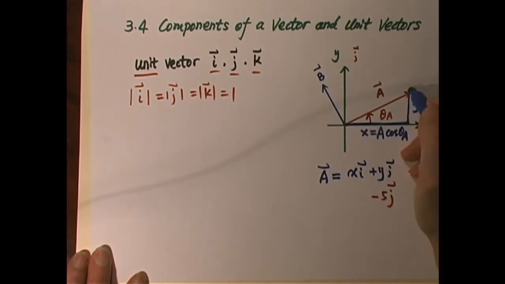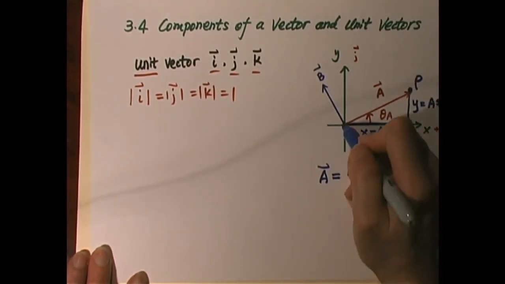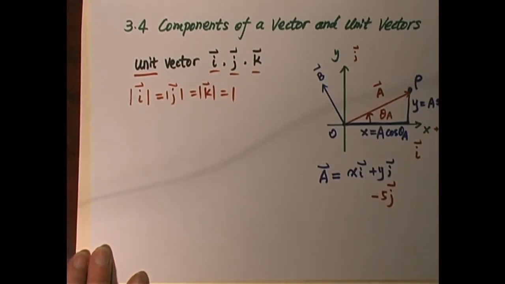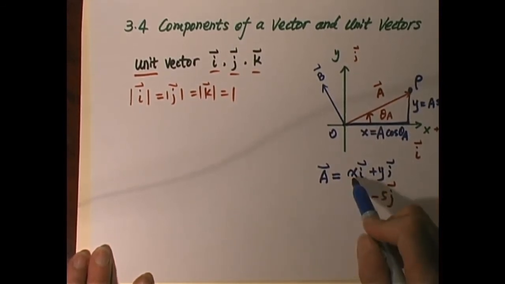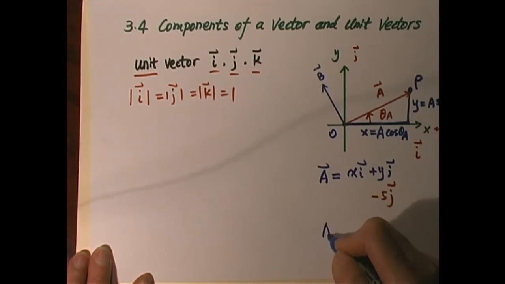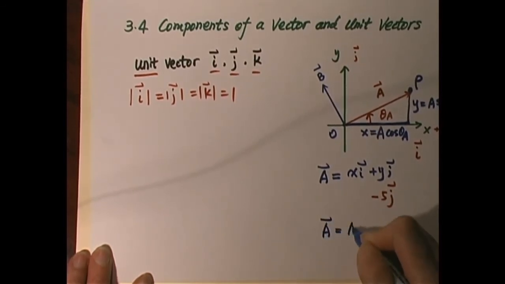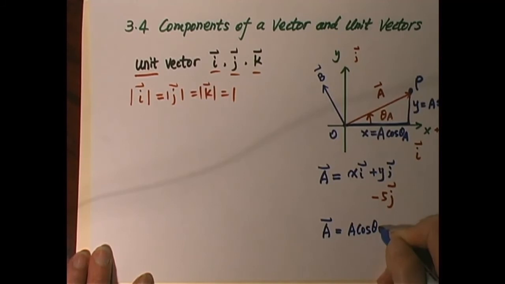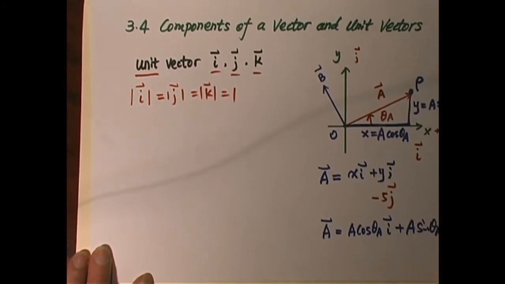So if you know this point P's coordinates, this is the OP vector, or vector a. It is the x position times i plus the y position times j that gives us an expression for this vector. So in our case, this is a cosine theta of a, times i, plus a sine theta of a, times j. We use i and j to express our vector a.